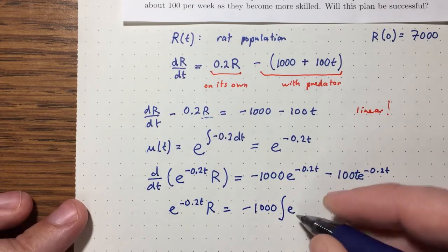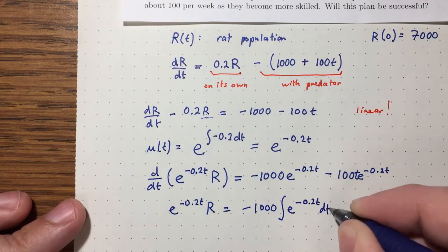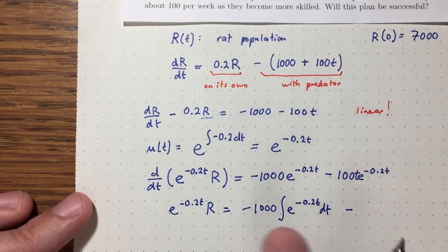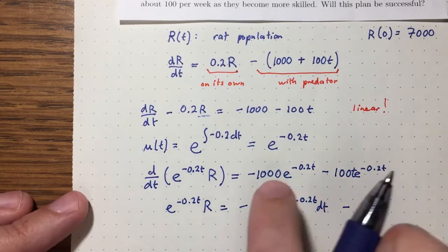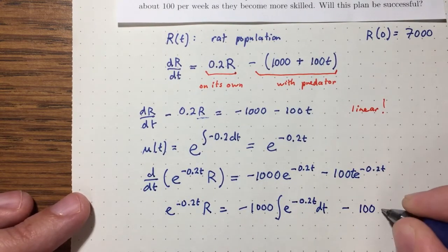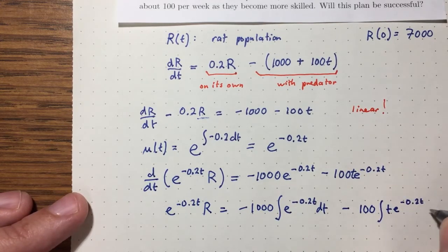So we get negative 1,000 times the integral of e to the negative 0.2 t dt. And then we have a minus, so I'm just using the fact that the integrals distribute over sums, and we can pull out constants. And so we have minus 100 times the integral of t e to the negative 0.2 t dt.